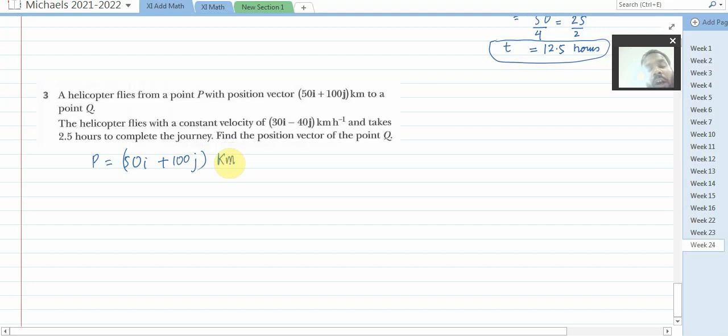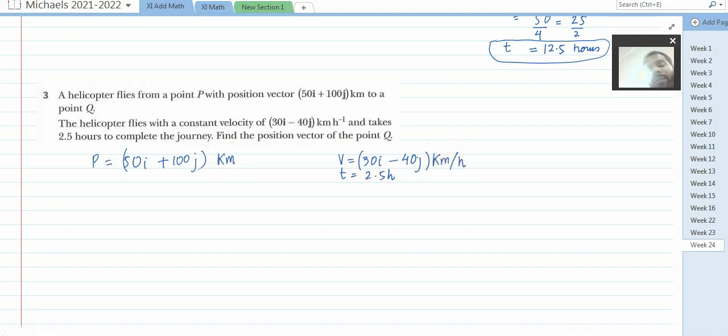The helicopter flies with a constant velocity of 30i minus 40j and takes 2.5 hours to complete the journey. Time is 2.5 hours, and velocity is in kilometers per hour. Alright, and we need to find out the final position of the helicopter now.